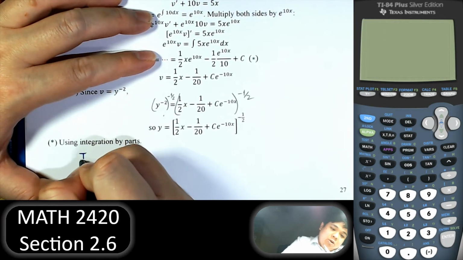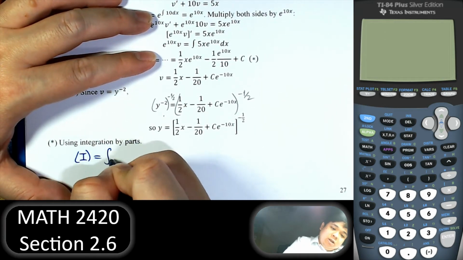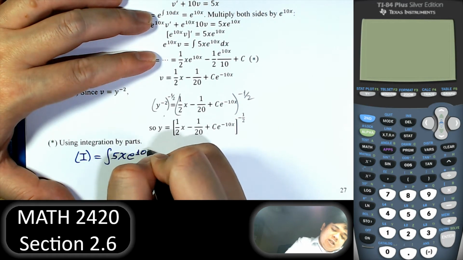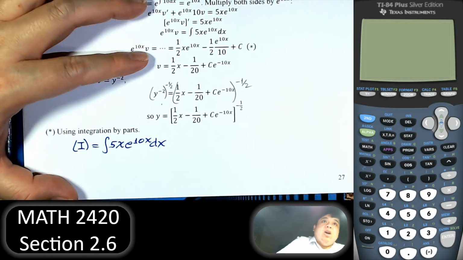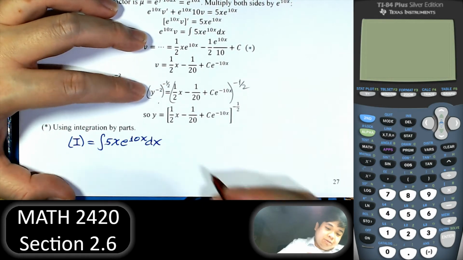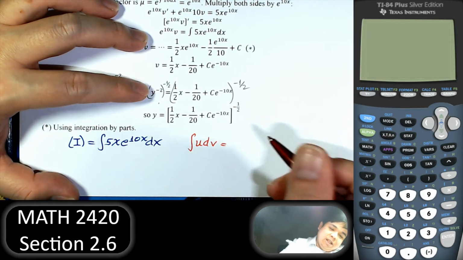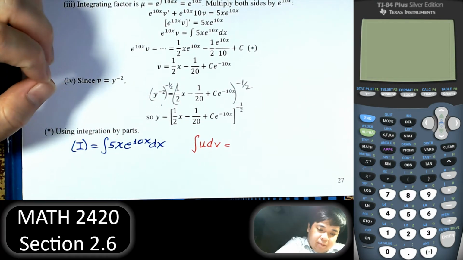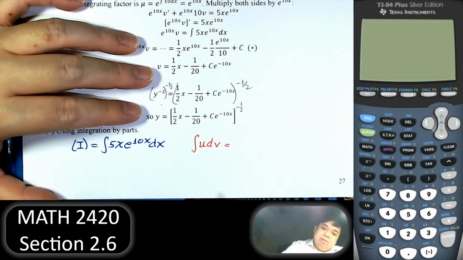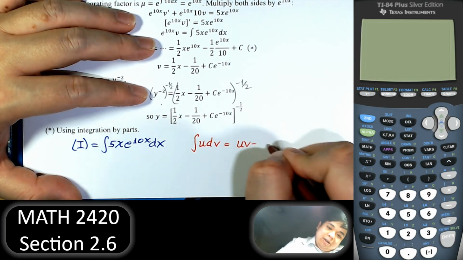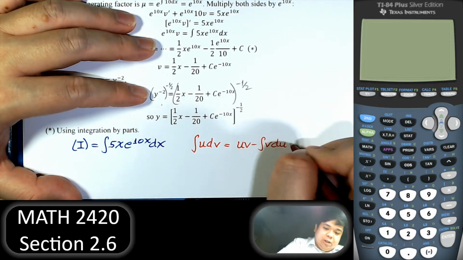So integration by parts is the integral of 5x e to the 10x dx. Integral of u dv, it's fine, just keep u and v here, even though there's a v there too. It's uv minus integral of v du.